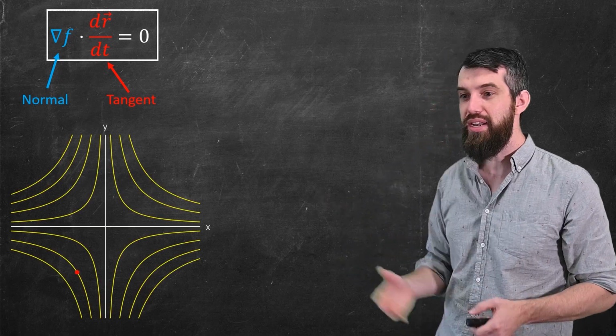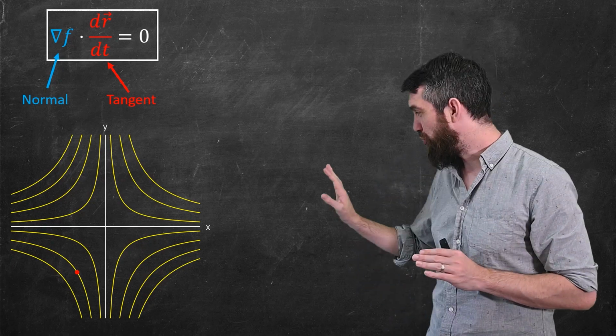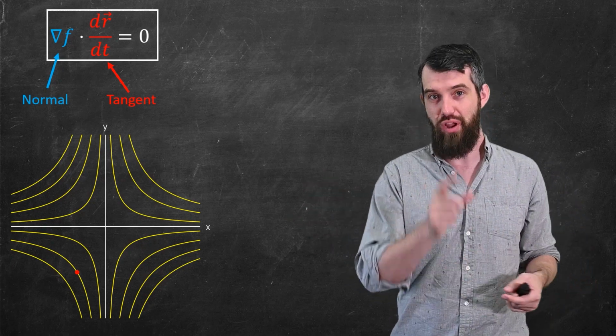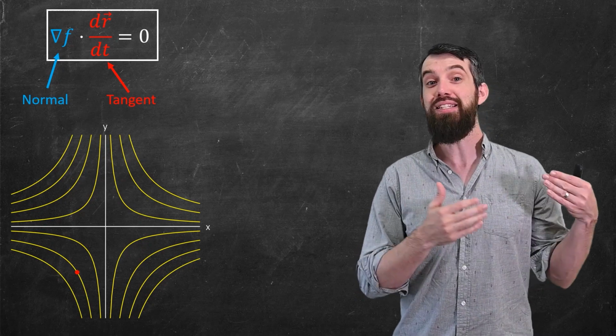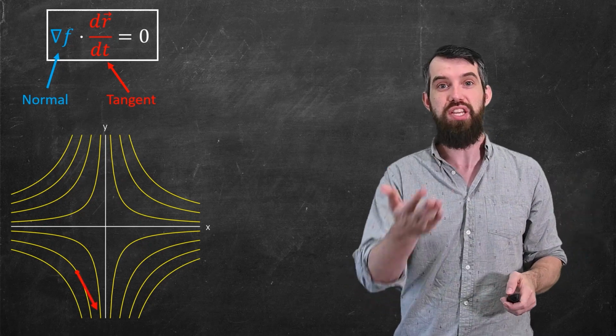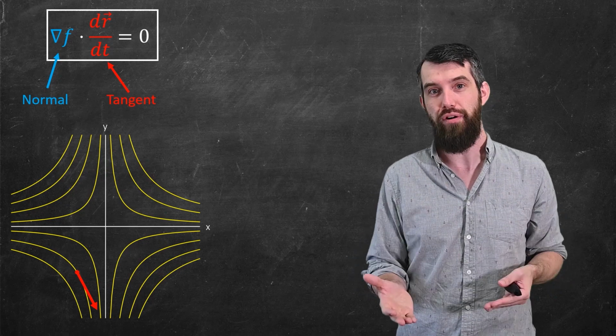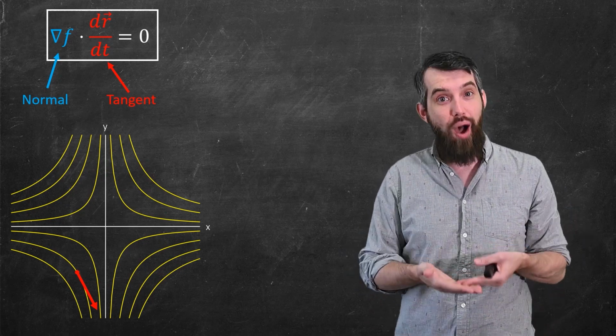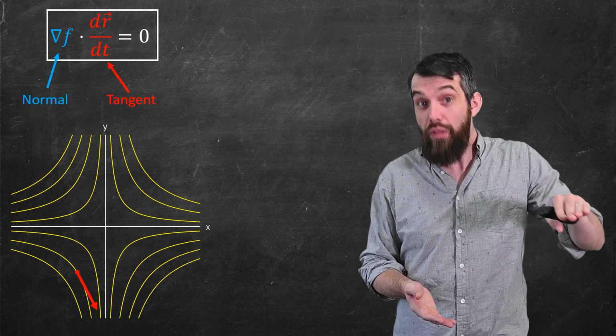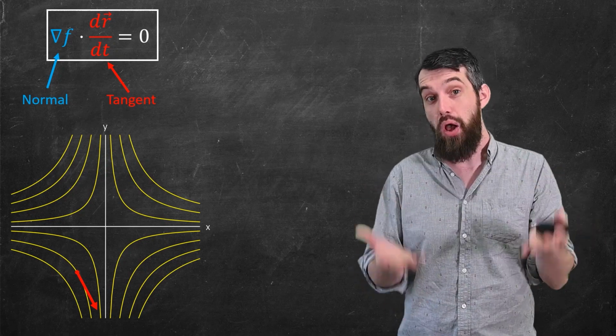Okay, so if we return to our diagram here, notice that I have a red dot in my contour plot, so I'm going to pretend that I'm standing on that red dot. Well, then I can tell you what these two different vectors are. The dr/dt, the tangent vector, goes along the curve. And if you travel in the direction of the tangent vector, you do not change your height. You're going along that level curve, so your height function is constant.